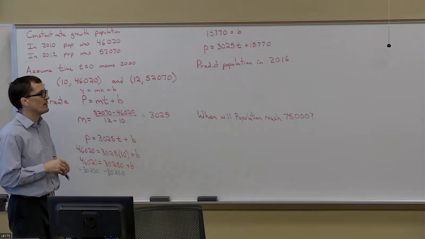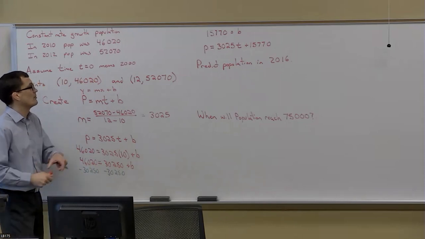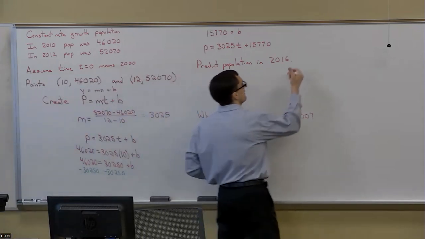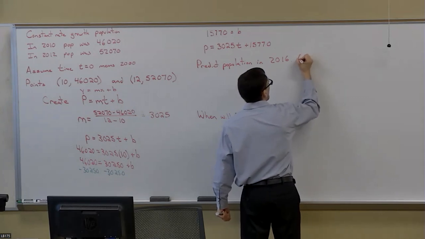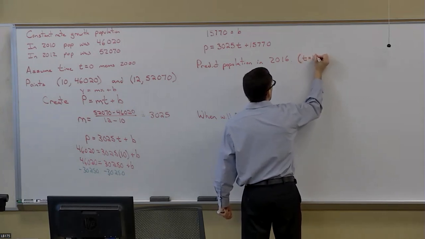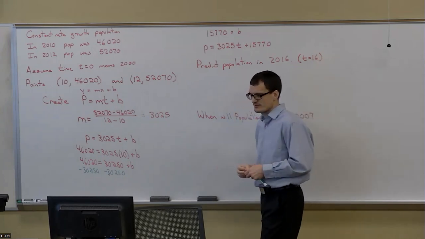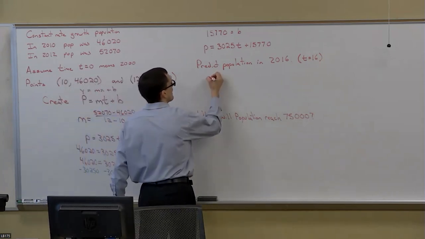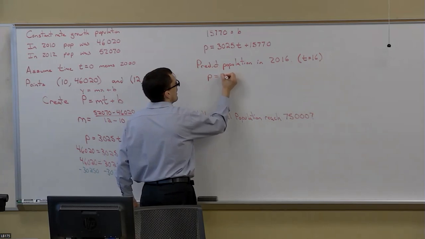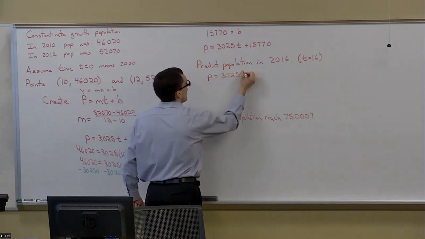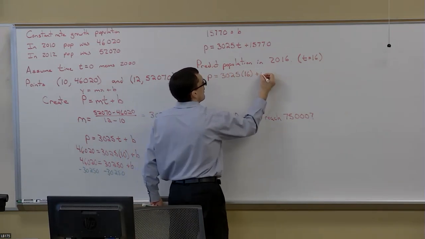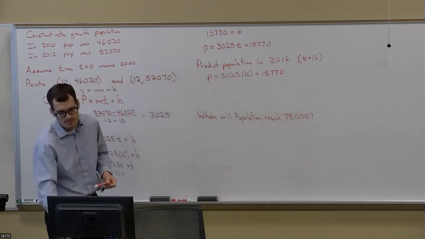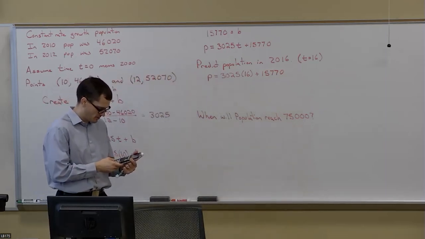All right. So if I'm going to predict the population in 2016, I go back and I say, well, T of 0 means 2000. So 2016 is a T of 16. So I plug in that 16 into my equation. This is just calculator work.